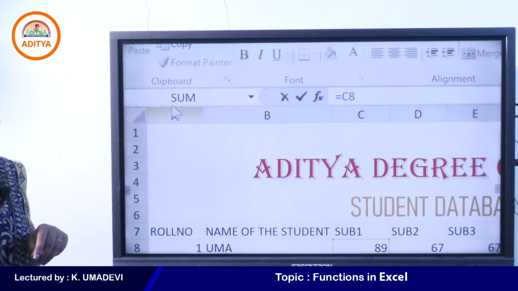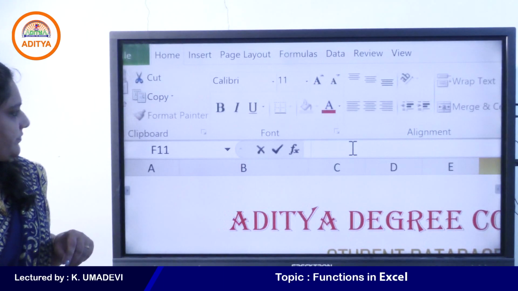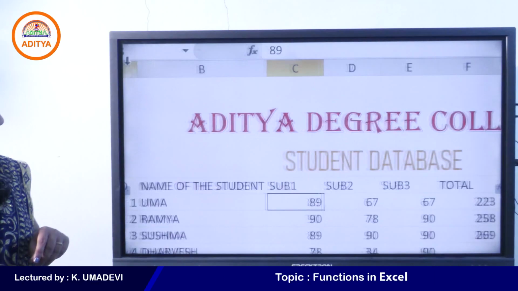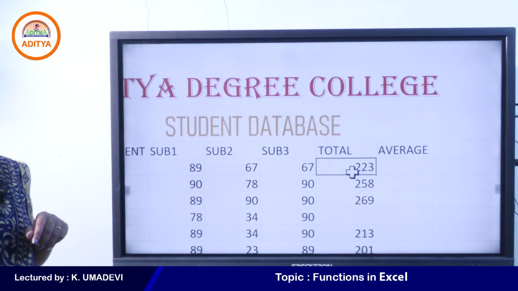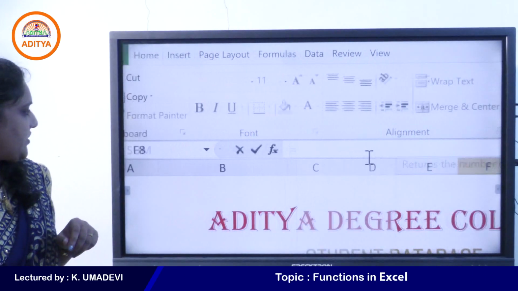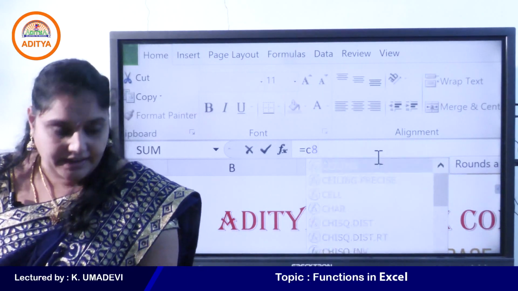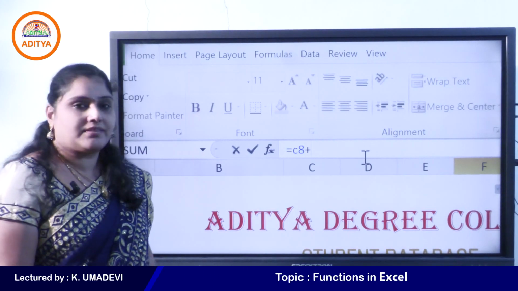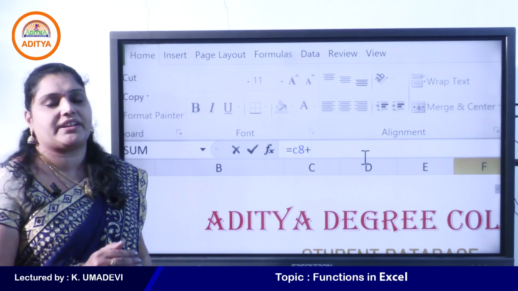So now we are in, one second, okay? Subject 1 address is C8, right? So I'll just remove the sum function. Equal to C8 plus, okay? Yes, we can add the cell values by using the plus operator.